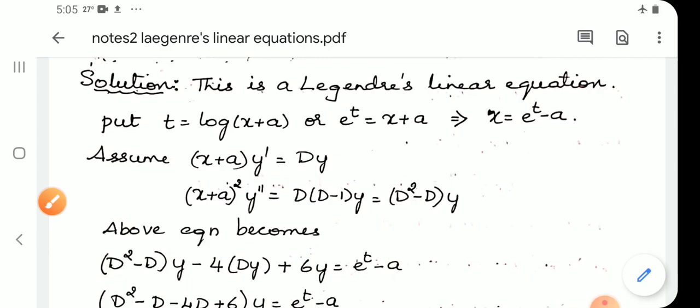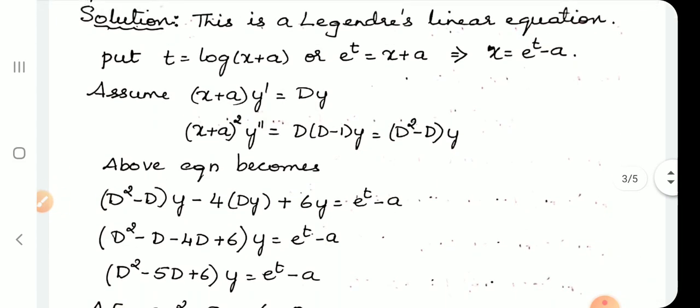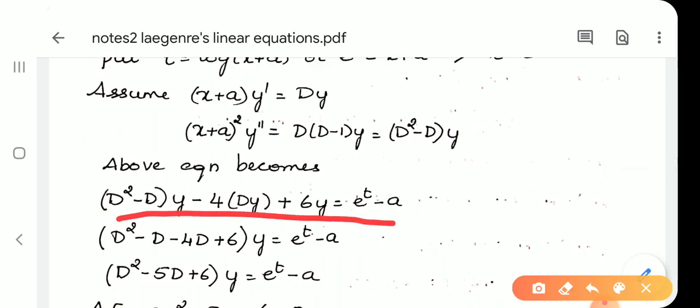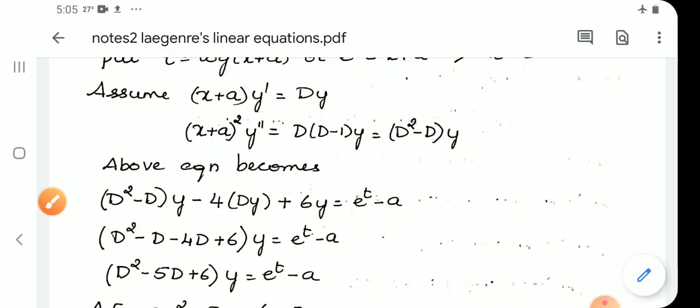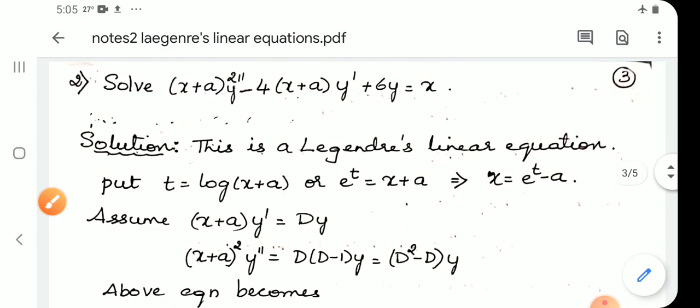So when I substitute these values in the above equation, we get d square minus d of y minus 4 times dy plus 6y is equal to e power t minus a. We know that the right hand side, the value of x is e power t minus a.